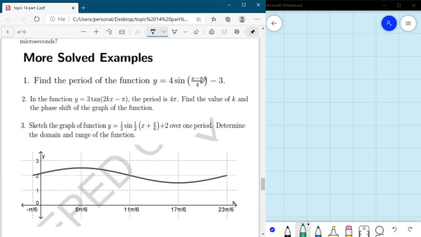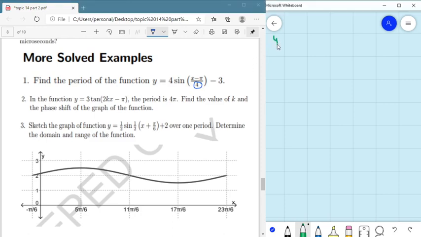Since there is 4 in the denominator, we have to take it out first so that the new equation is y equals 4 sine of 1/4 quantity (x minus pi), minus 3.